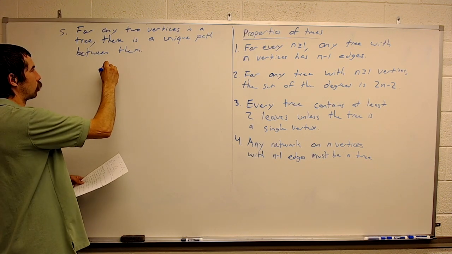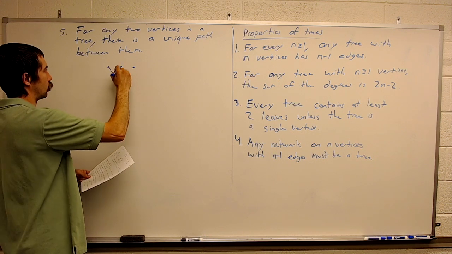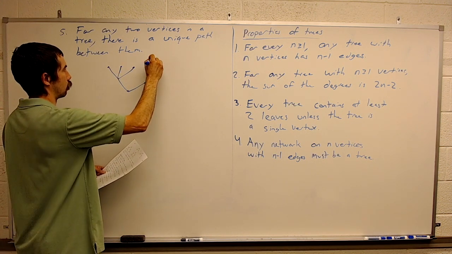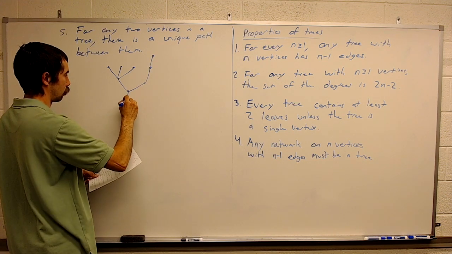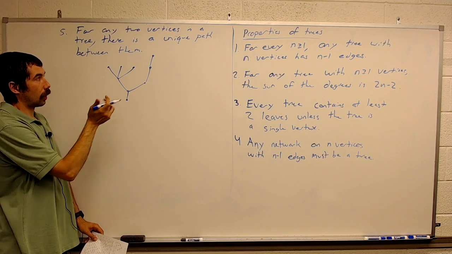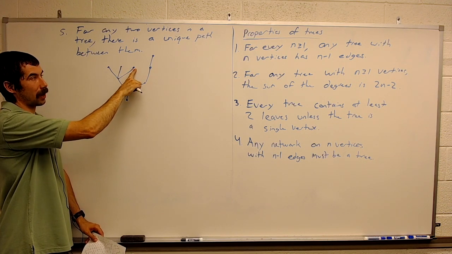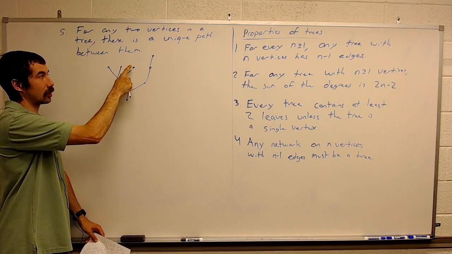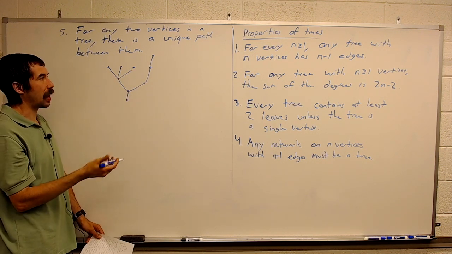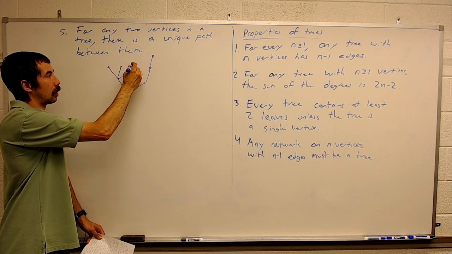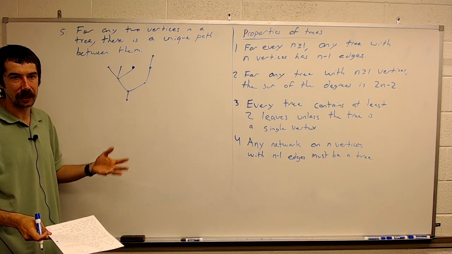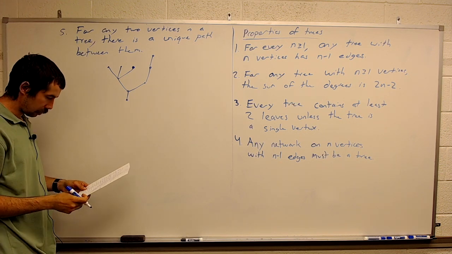I know I just erased this tree, but let's draw a tree again. Let's say we're trying to find the path between this vertex and this vertex. There is a unique one. You have to go down this way and around and back up. You can check for any pair of vertices on a tree. There is a unique path between them. Remember, a path means we're not repeating any vertices.